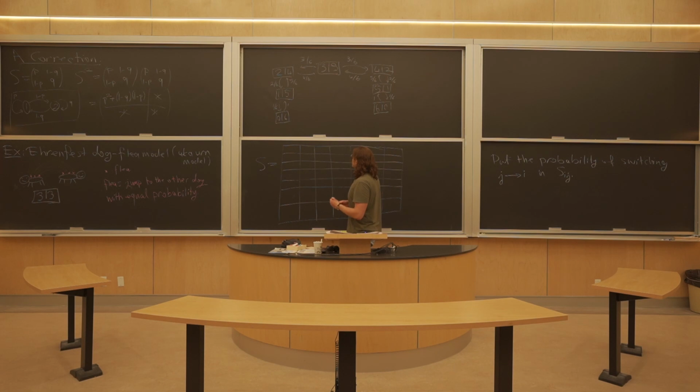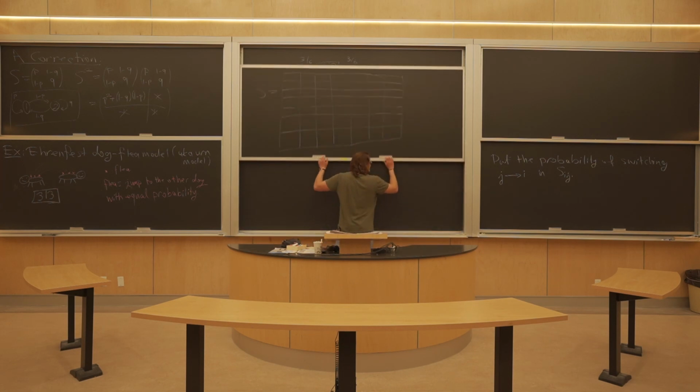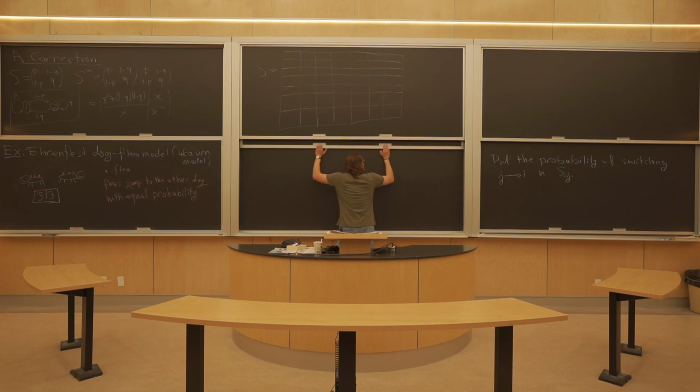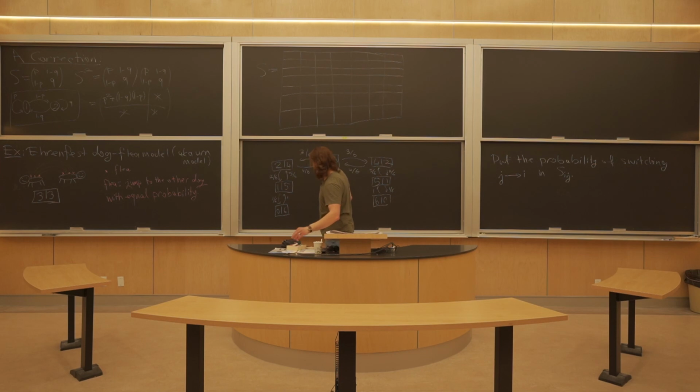So really this corresponds to, I guess we need to enumerate this somehow. Let's put some numbers. This enumeration, of course, is arbitrary, but we need some enumeration. Let's say that this is state 1, then this is state 2, 3, 4, 5, 6, and then 7.